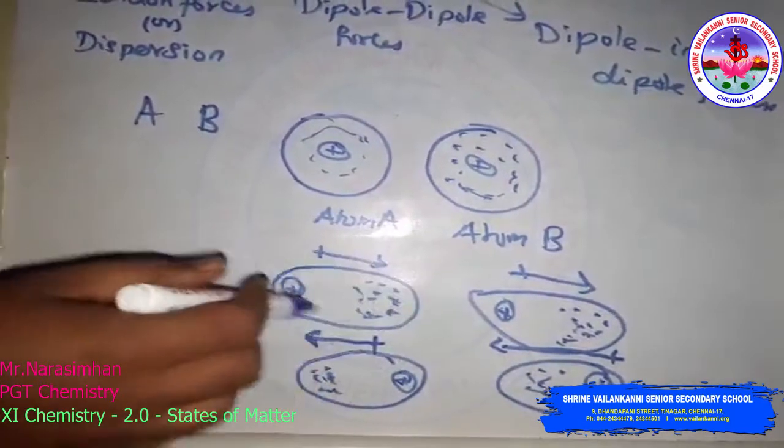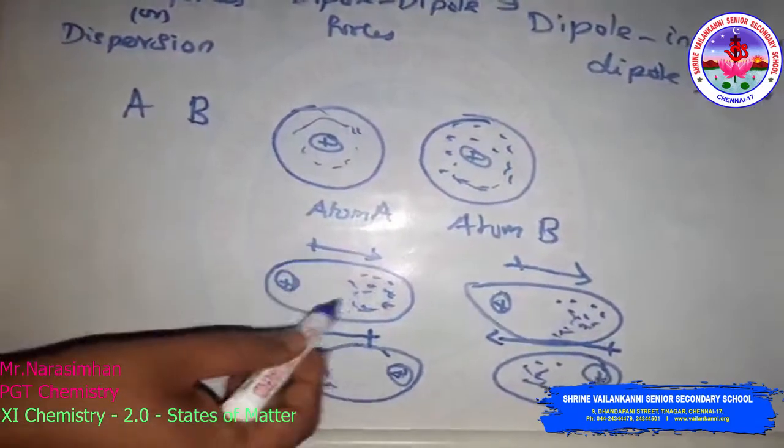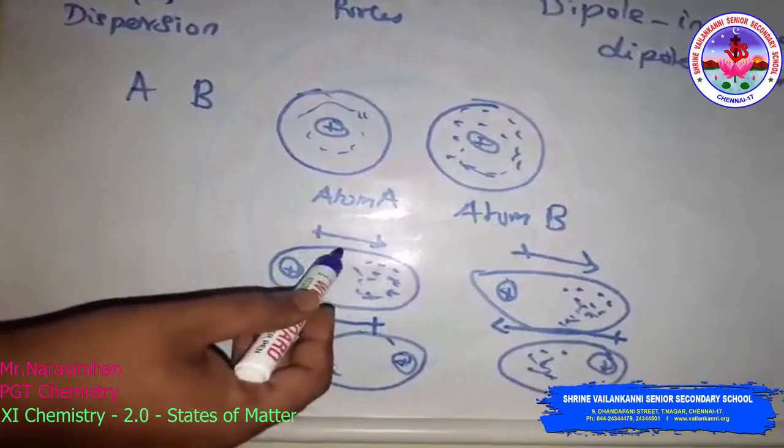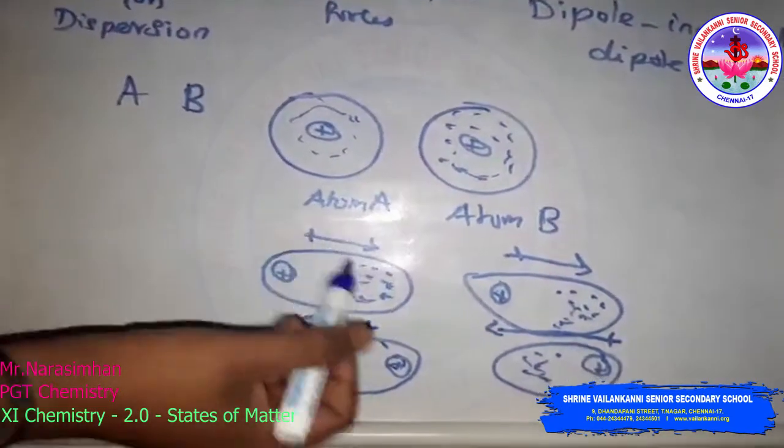This results in the development of an instantaneous dipole on atom A for a very short time.